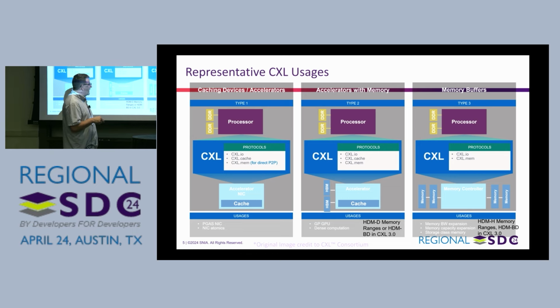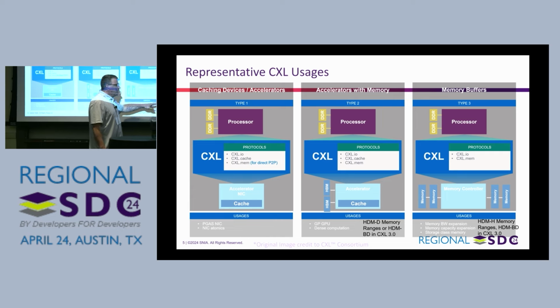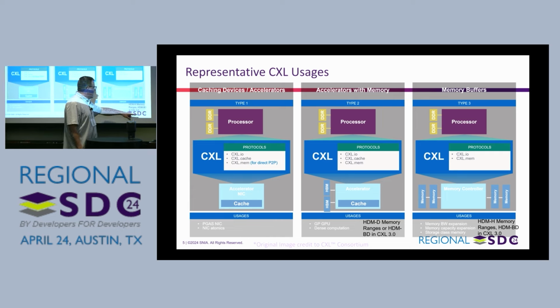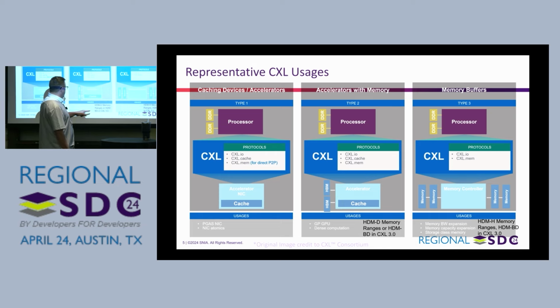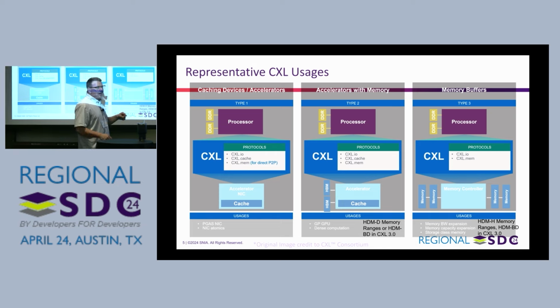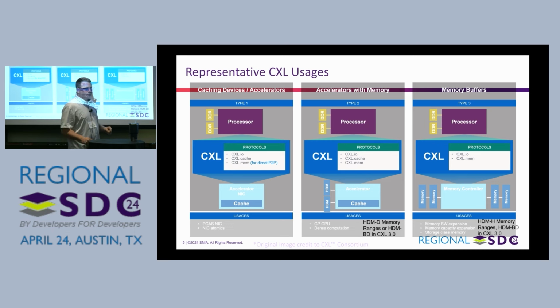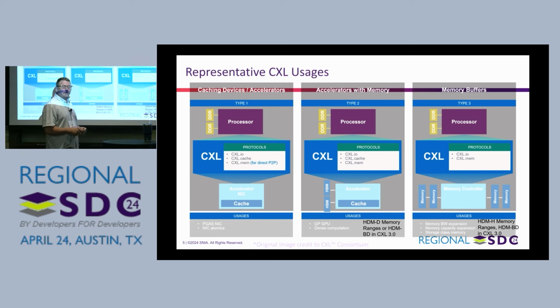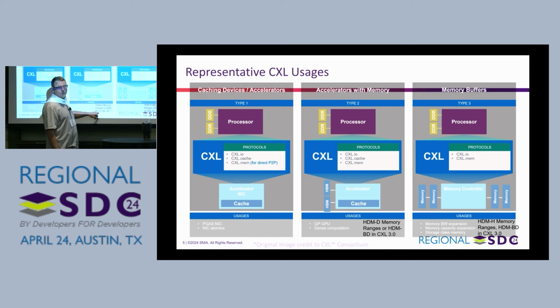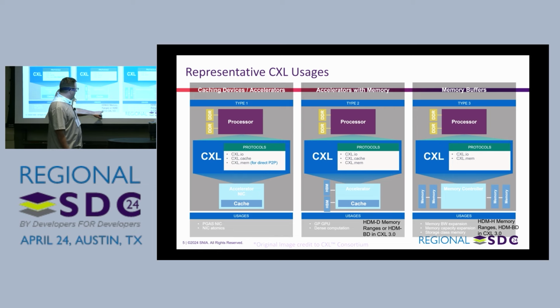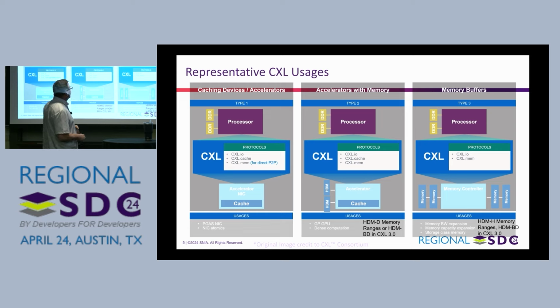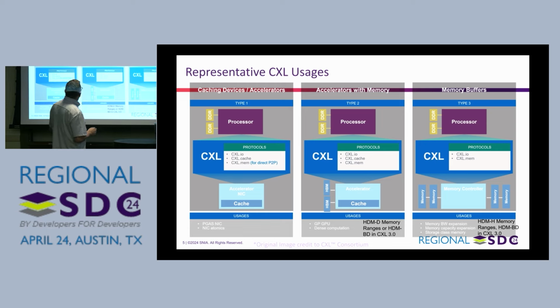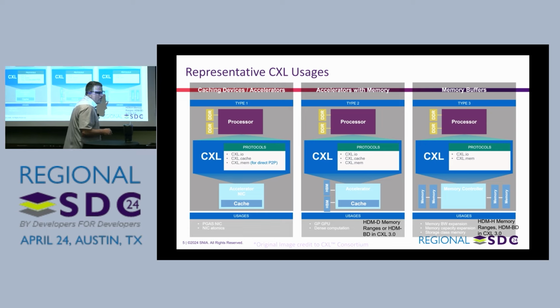They started out as this HDM-H memory, and the -H, the -DB, and the -D got added later, which goes to the generations of CXL and why they got added. So H is host memory, D means device memory, and DB, I don't actually know what the acronym is, to be honest. I assume it has to do with back invalidate. So those are the three, and you'll see things changed over time.